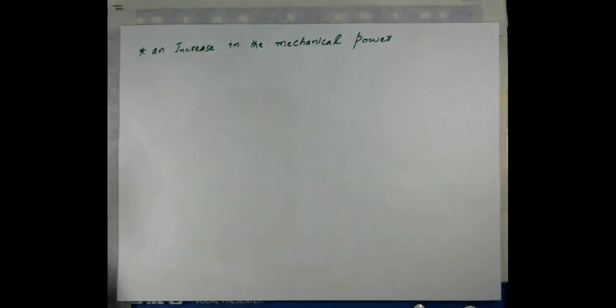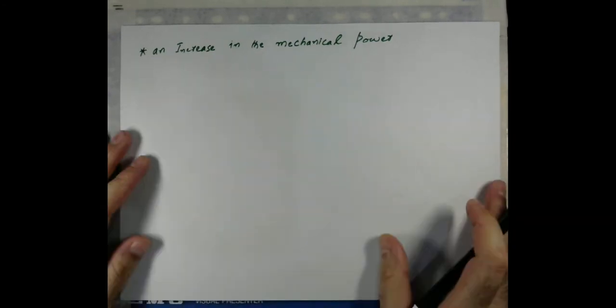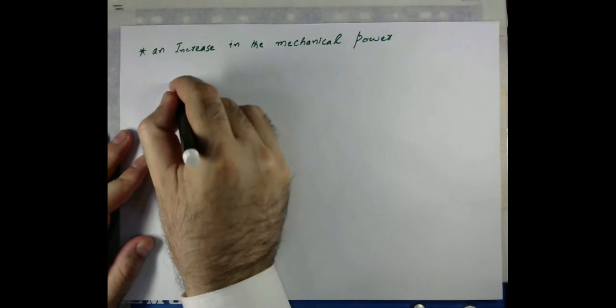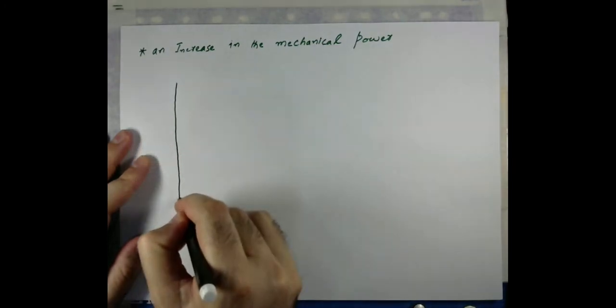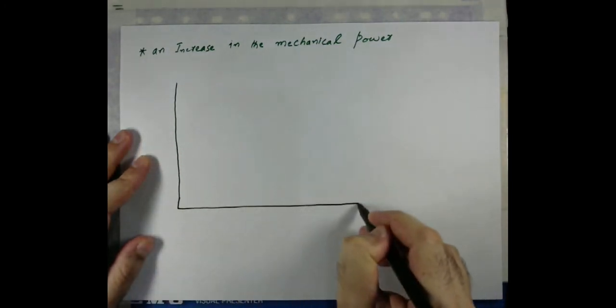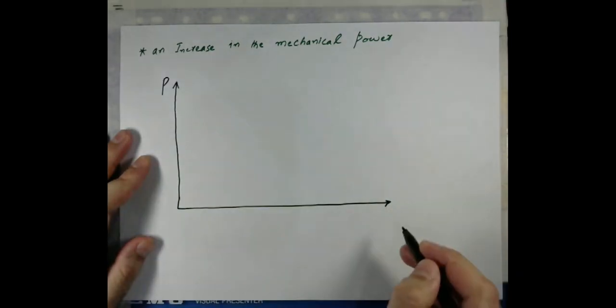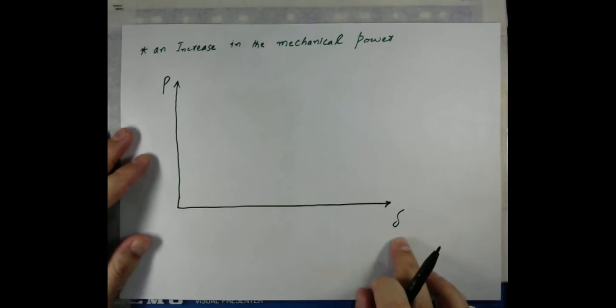So let's draw the curves, or what we basically call the power angle curve. Let's say we have the power here and the angle, what we call the load angle, on this side.